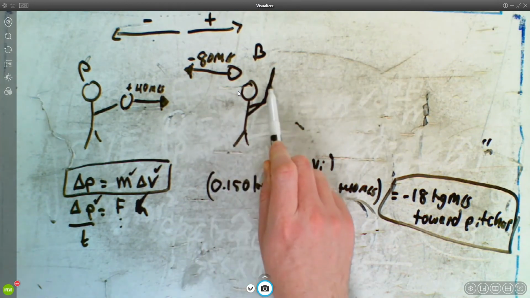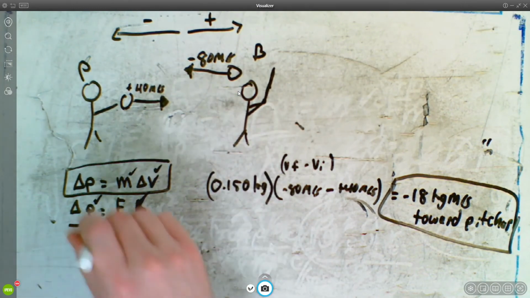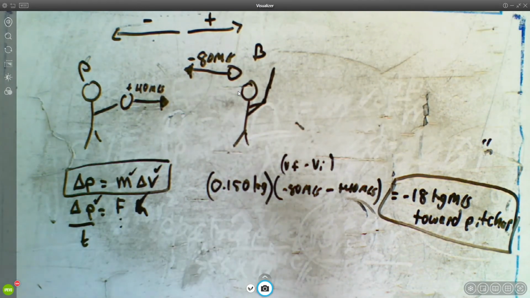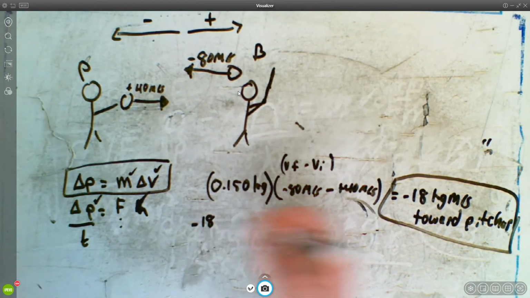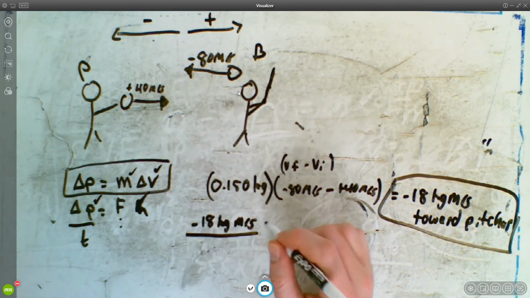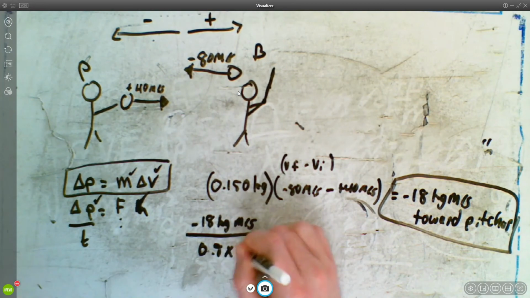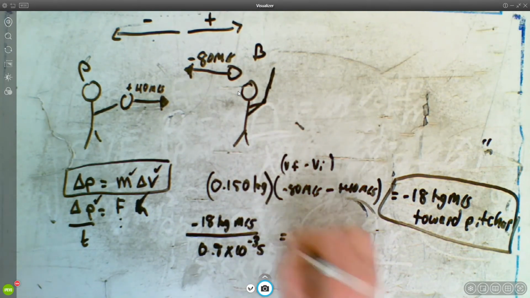He hits it, and then now it's going negative 80, negative 80. That impulse, that change in momentum, happens as the ball is in contact with the bat. So our impulse is negative 18 kilogram meters per second. Our time in the question was 0.8 milliseconds, so times 10 to the negative 3 seconds.